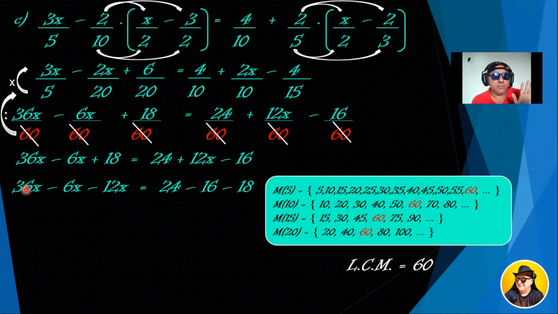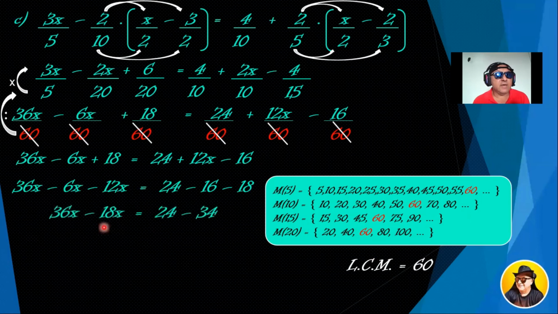And let's operate minus 6x and minus 12x, which gives us minus 18x. And this 24 is alone because it is the only positive. And minus 16 minus 18 is going to be operated like this.